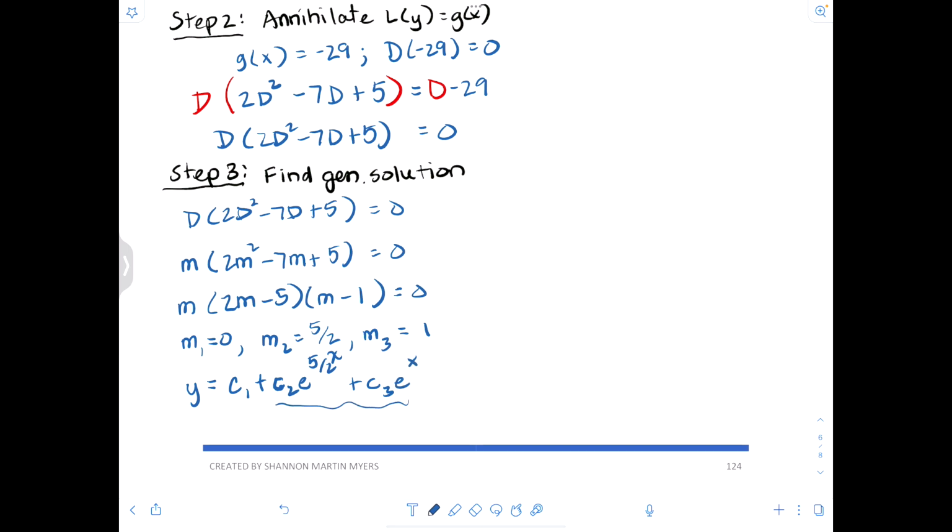Now this one here was from our complementary equation, and then this here is going to be our particular solution.